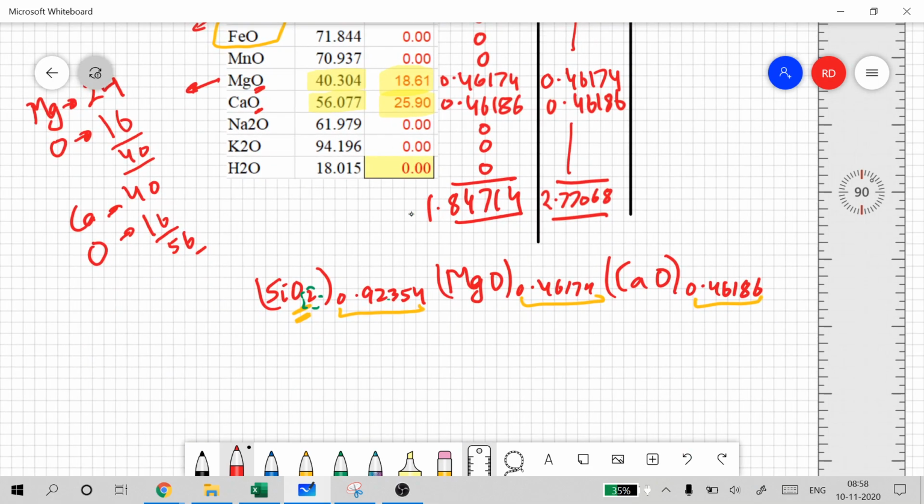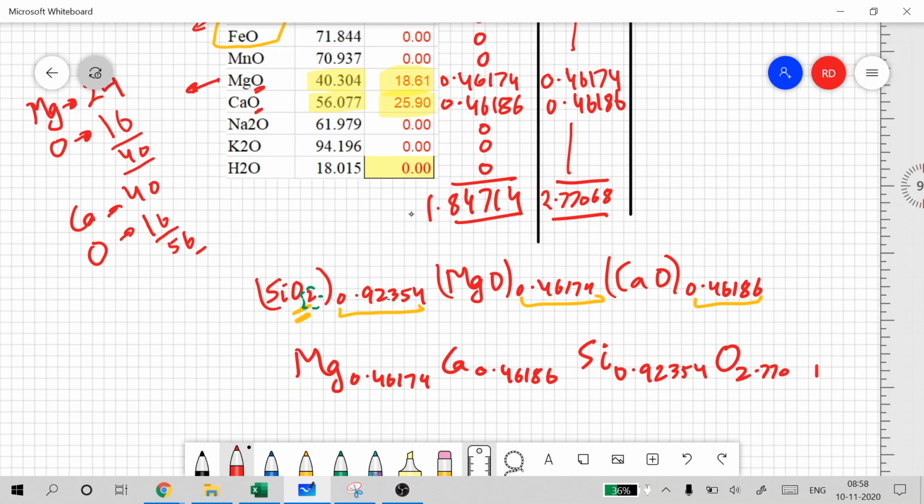So the formula for this whole thing can become Si 0.9354. Actually, we'll write it just like we know in standard cases. We'll write Mg 0.46174 Ca 0.46186 Si, okay, and oxygen is 2.77068.